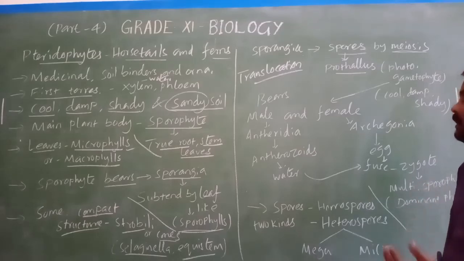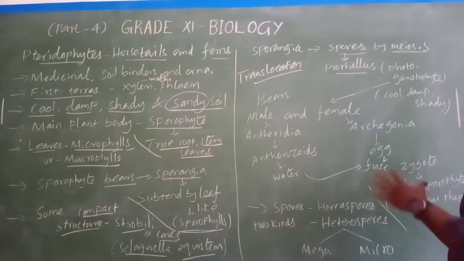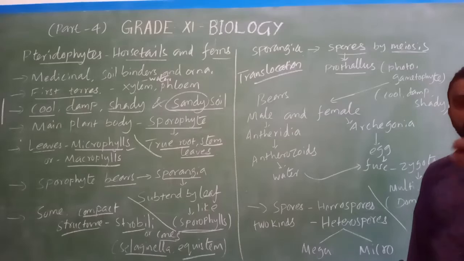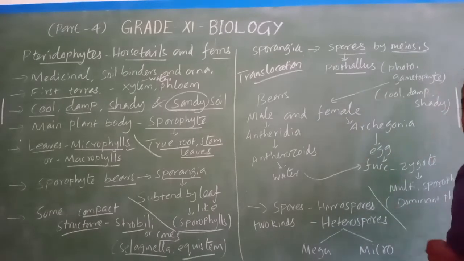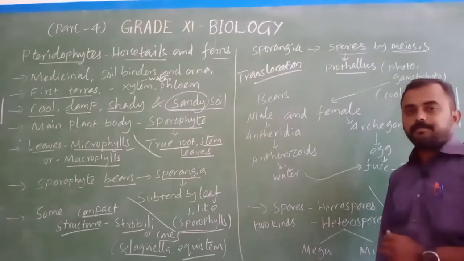That's why it is called a photosynthetic multicellular gametophyte. But here the main plant body is the sporophyte, although the start is with the gametophyte. From the gametophyte, the sporophytes are produced.